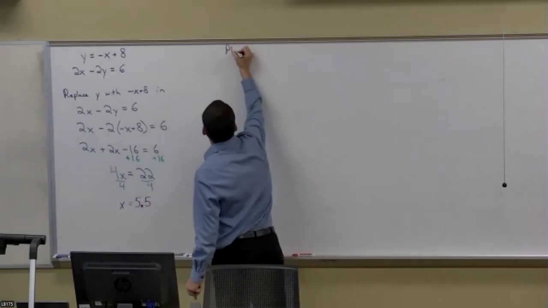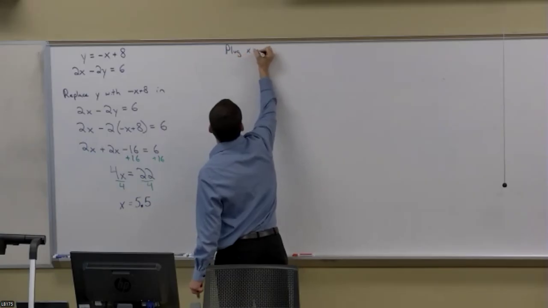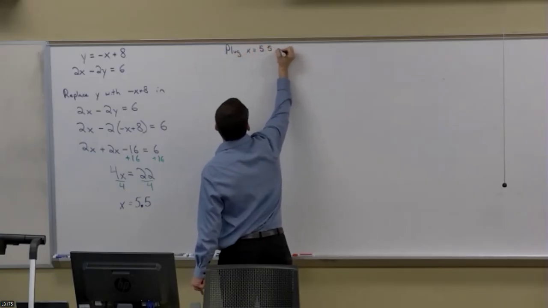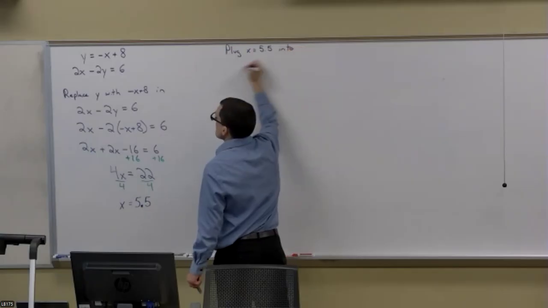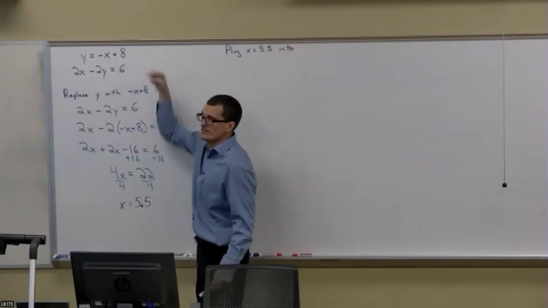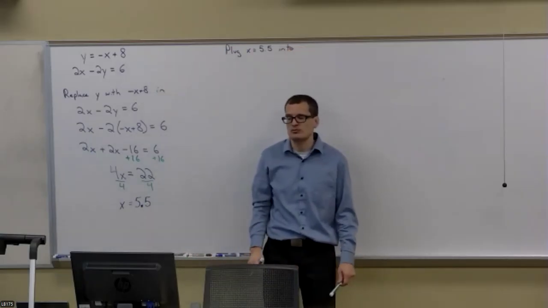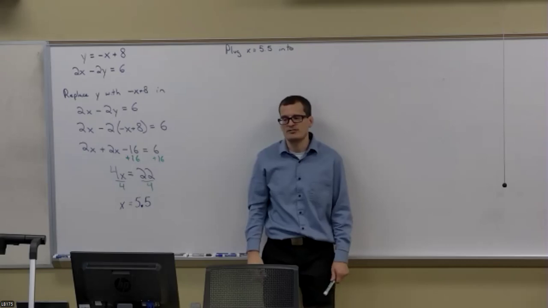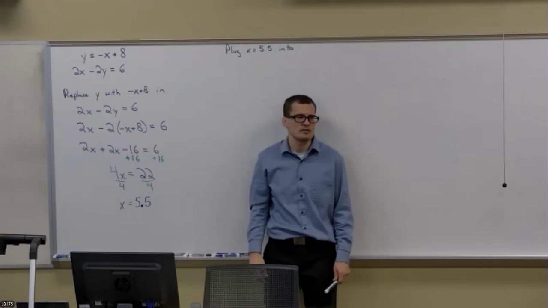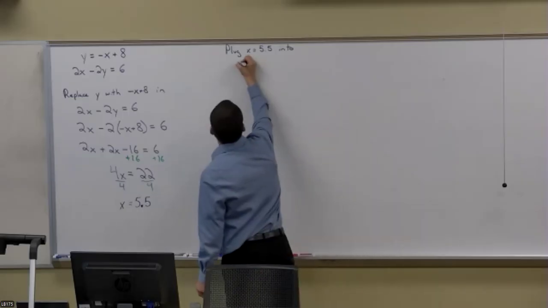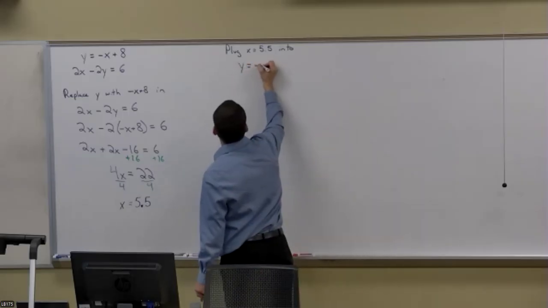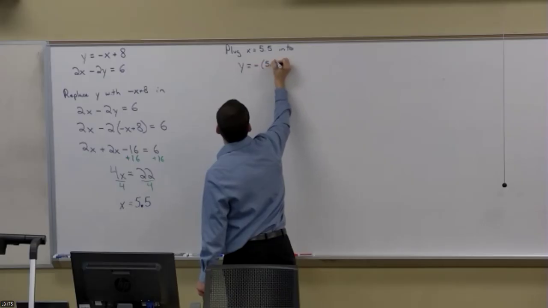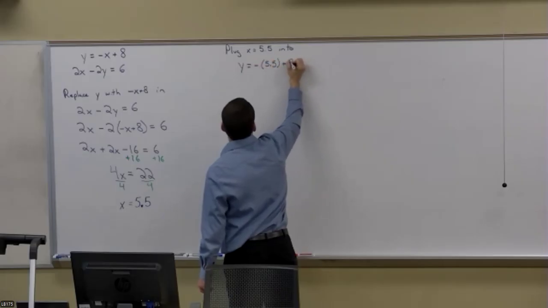And then we plug that in to one of these two equations. Now, it doesn't matter which one, but it'll be a little bit easier on me if I plug it into the first one. So, y is equal to negative 5.5 plus 8.